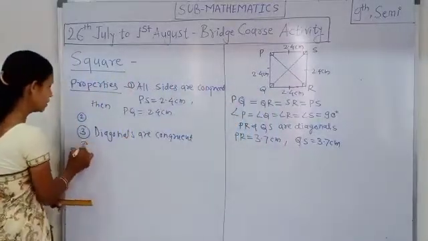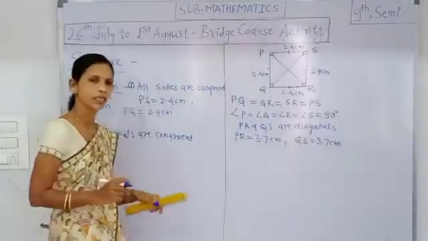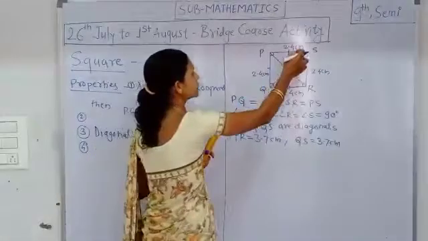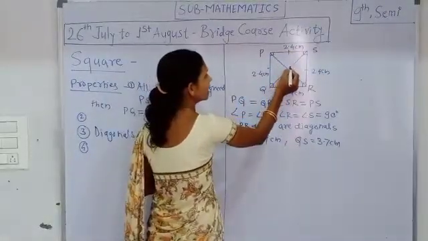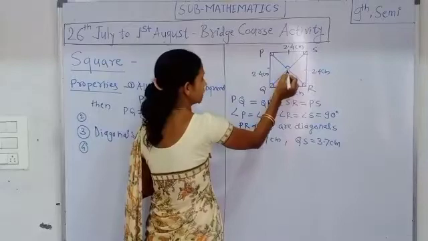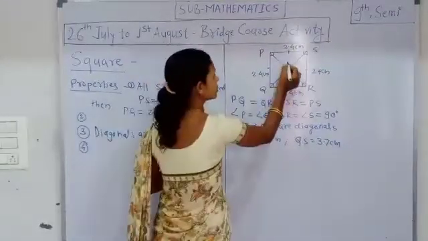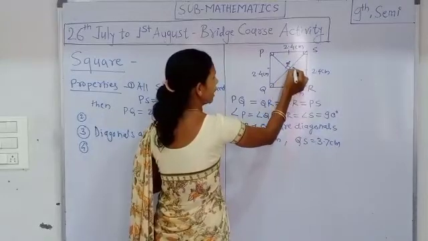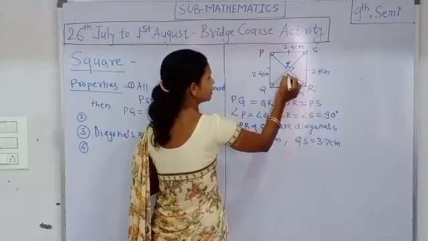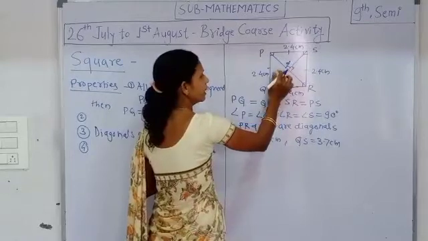One more property is that the diagonals are perpendicular bisectors of each other. That means the diagonals are perpendicular to each other, so those angles are 90 degrees.